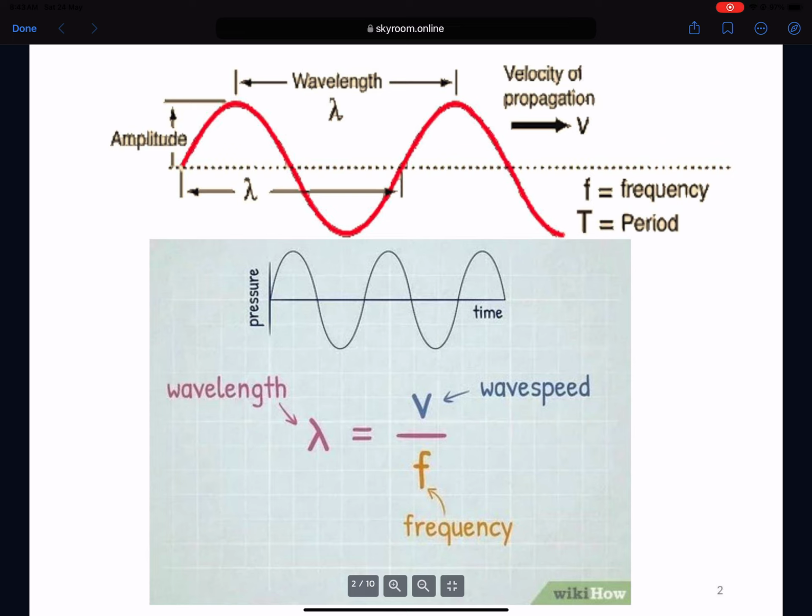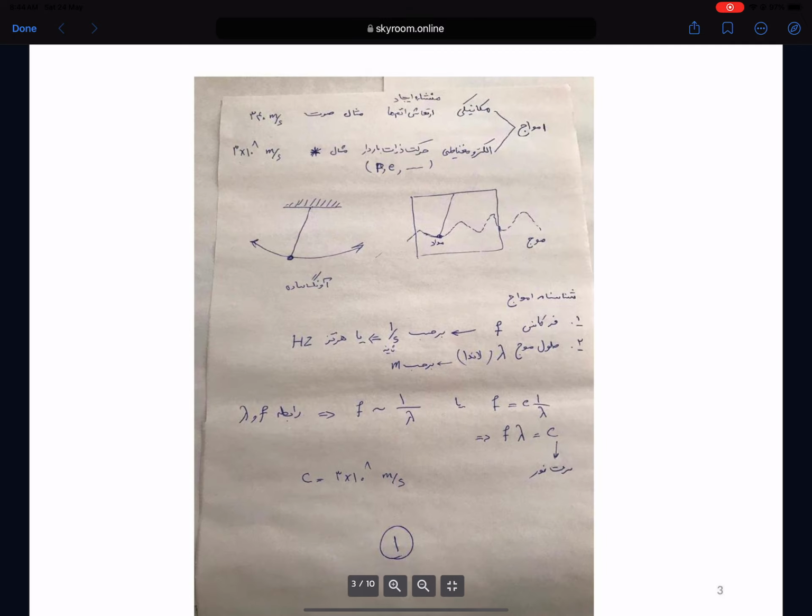Because we have two types of waves in the world: mechanical waves and electromagnetic waves. So please memorize that we have two types of waves: electromagnetic and mechanical waves. And I try to explain them in the Persian slides, which I will go to a little bit. Yeah, here it's slide number 3.